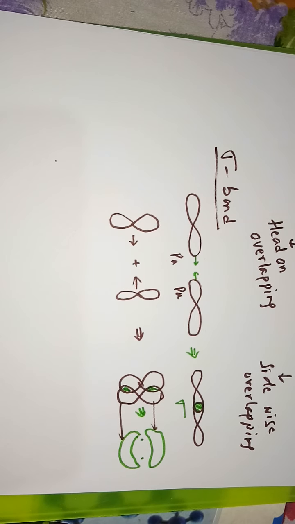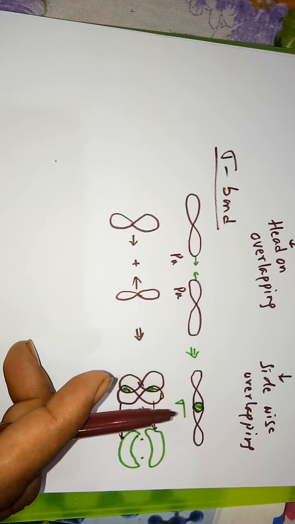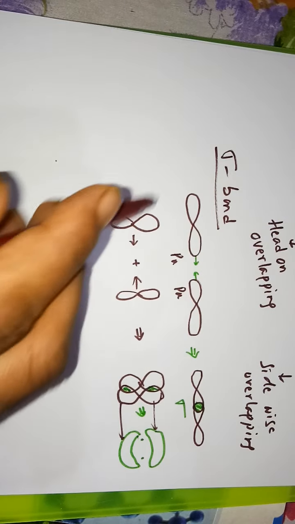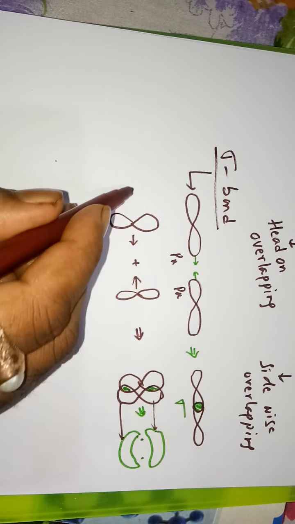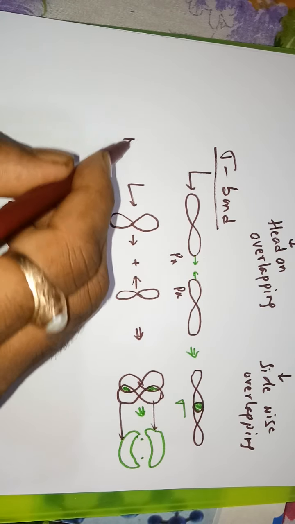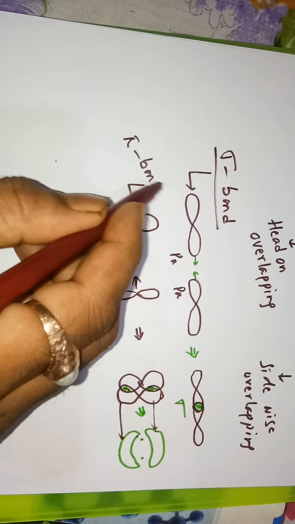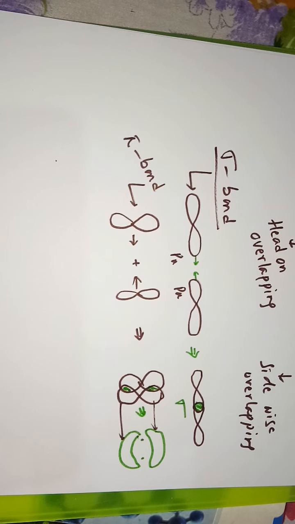So this is what is called sidewise overlapping, and the first one is called head-on overlapping. The head-on overlapping gives you the sigma bond and sidewise overlapping gives you the pi bond. So this is how sigma bond and pi bond develop.